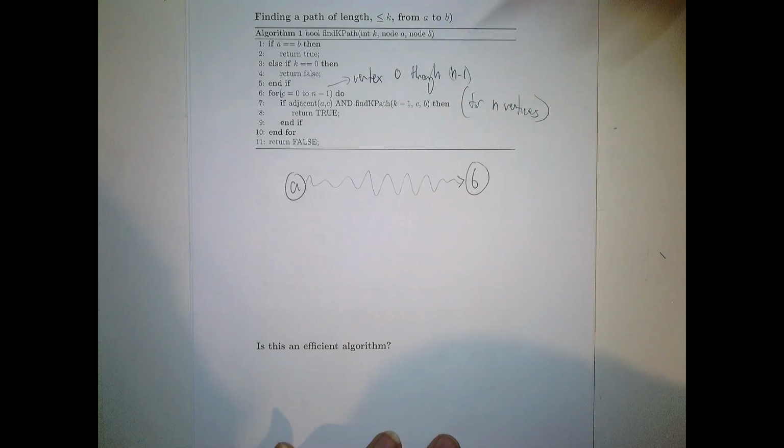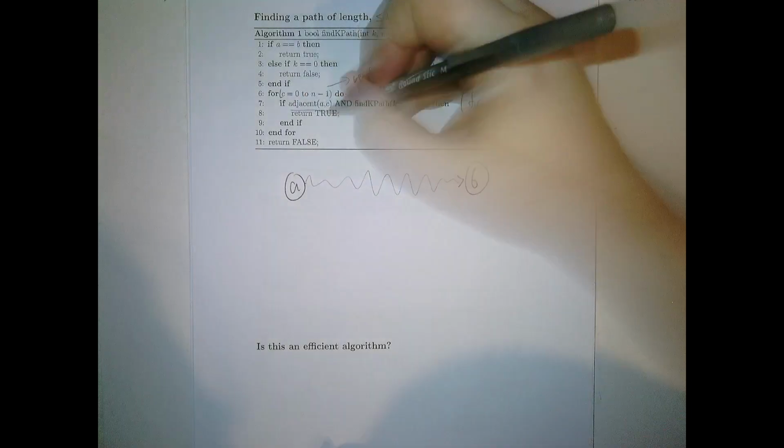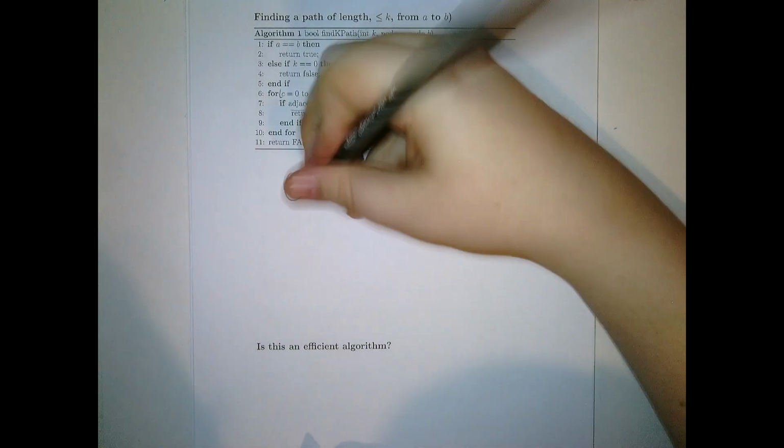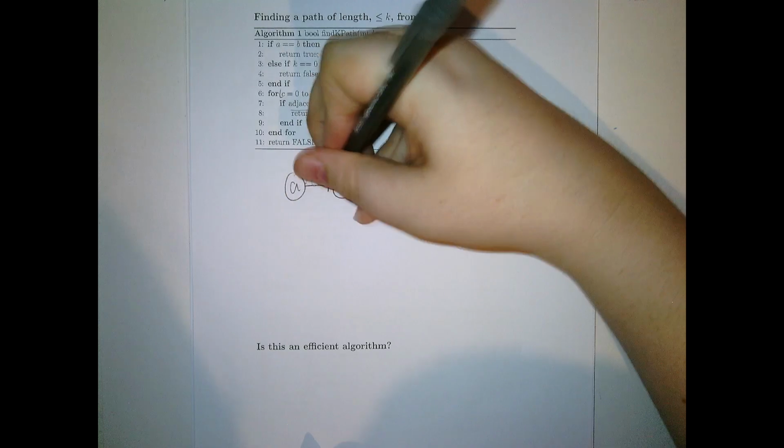Okay? So we're trying every possible vertex, and we're checking to see, are A and C adjacent? That's what we just figured out how to do on the previous page. Is there a connection from A to C? Well, we test it with the previous thing, the adjacency list or the adjacency matrix. All right, say they are connected like this.